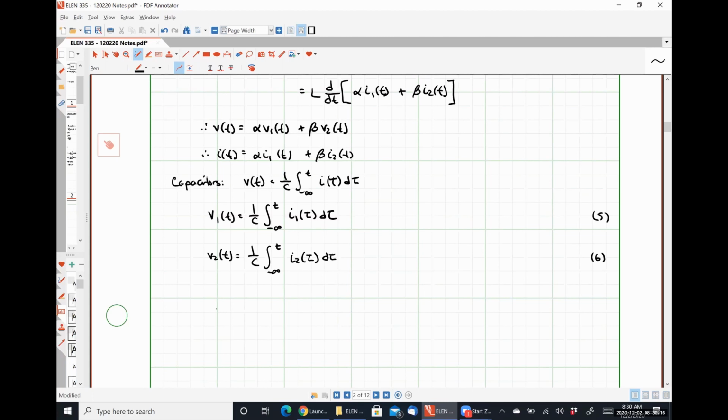That would give me alpha V1 plus beta V2 is equal to 1 over C integral of alpha I1 plus 1 over C integral of beta I2. That should be tau, not t.